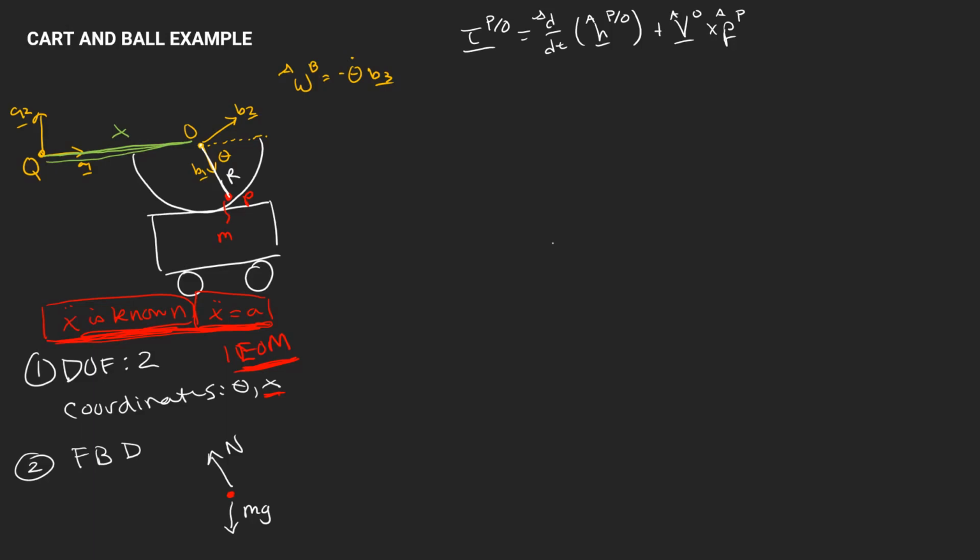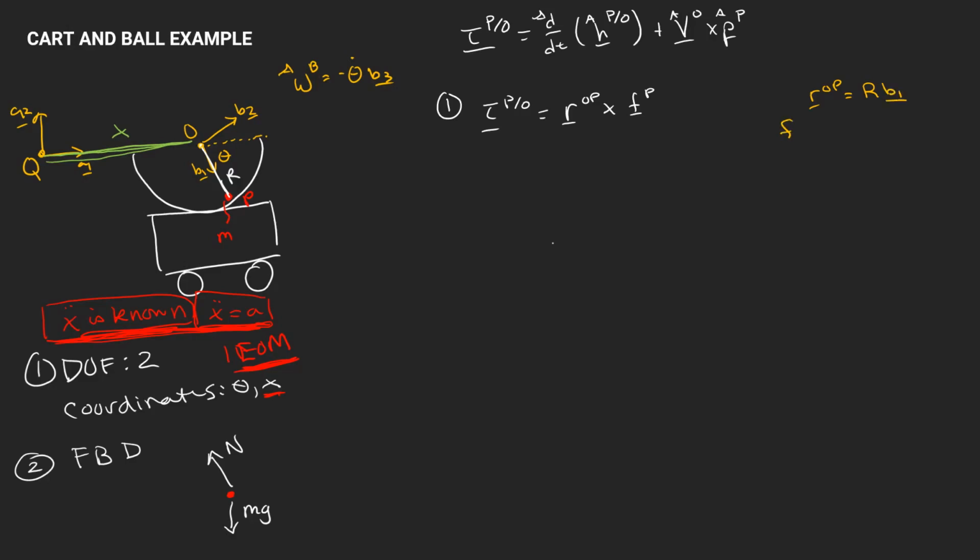So the first thing we're going to do is calculate the torque. So again, torque of point P about point O is equal to ROP crossed with our force vector. Now ROP is equal to R in the B1 direction.